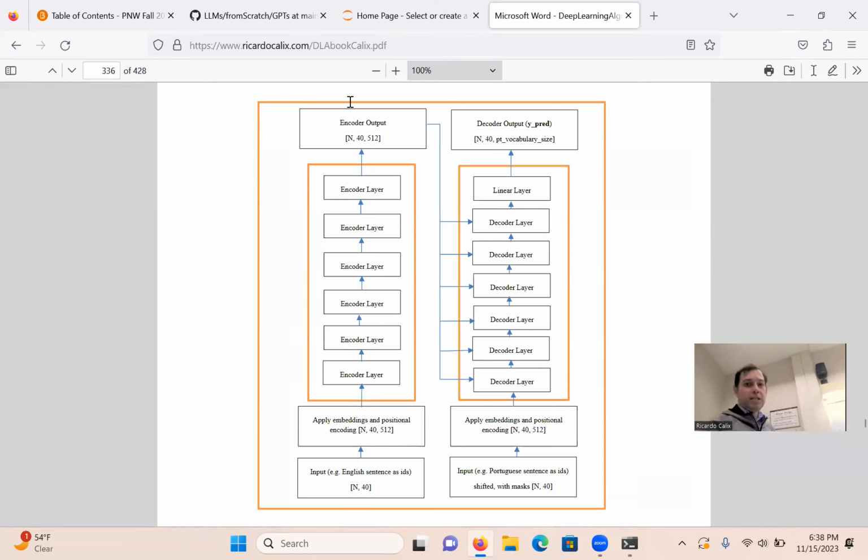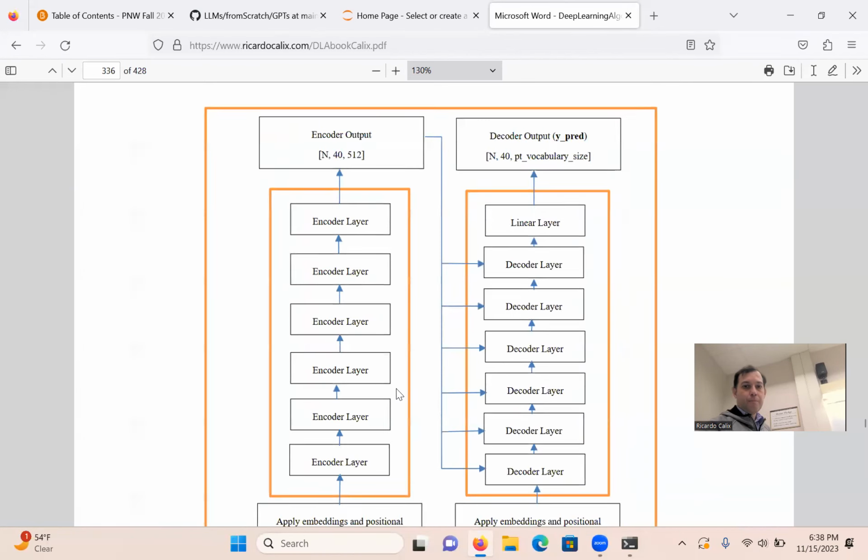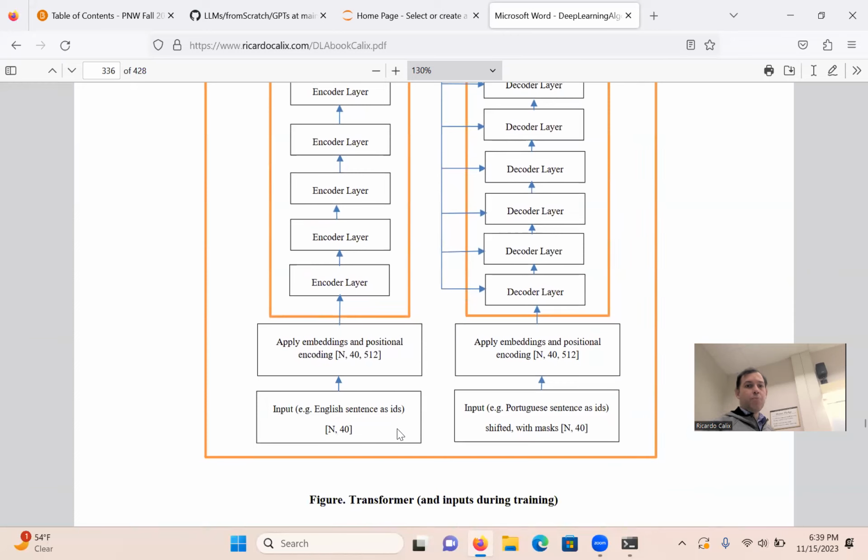So this is the encoder. It's made up of the input, which I'm going to ground in the problem of language translation, okay? So we're going to translate from English to Portuguese. One problem with languages is what?